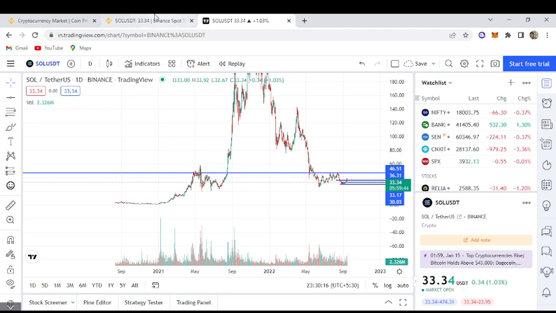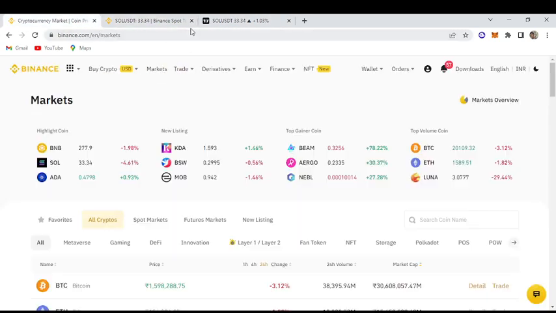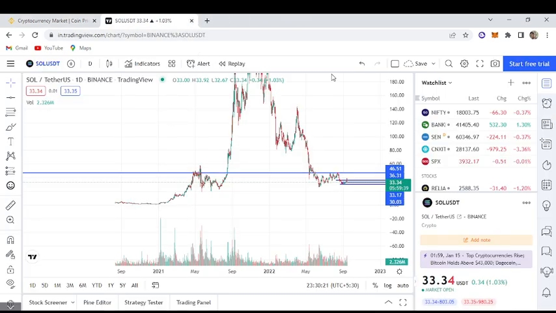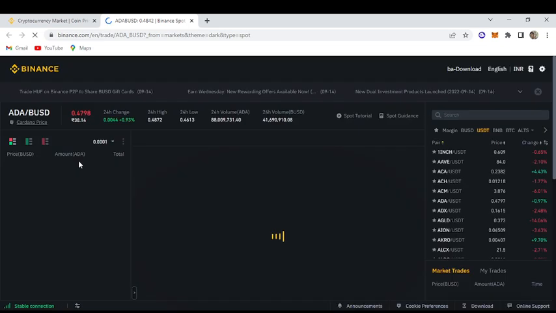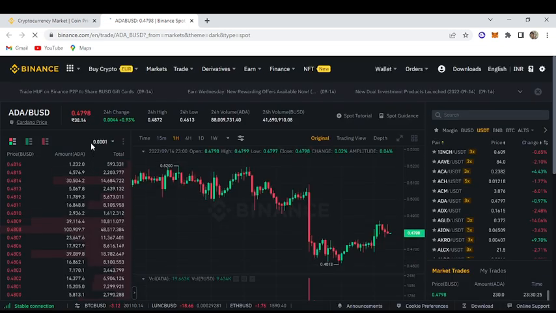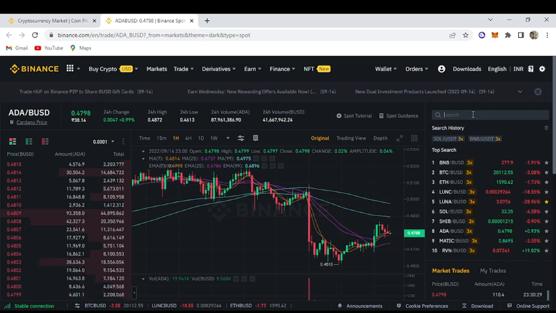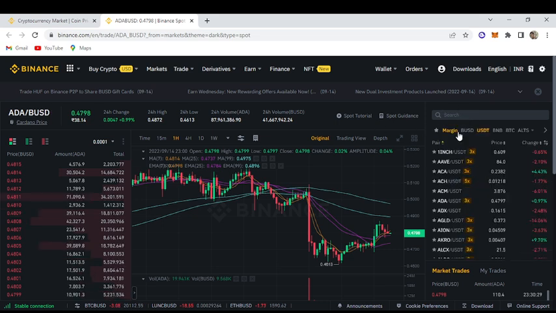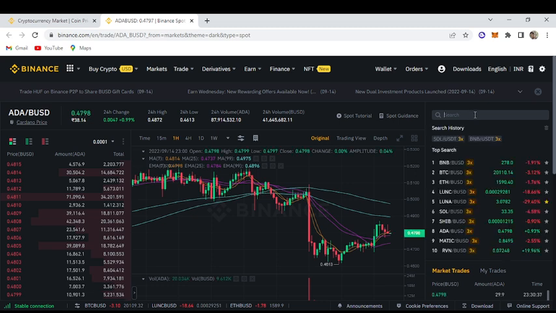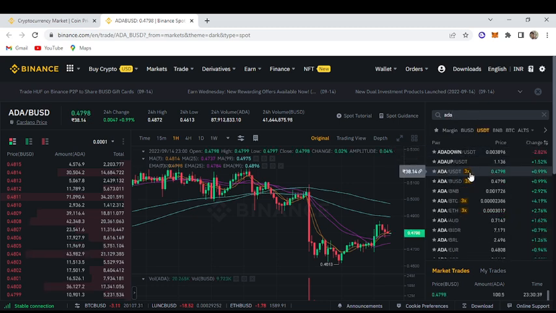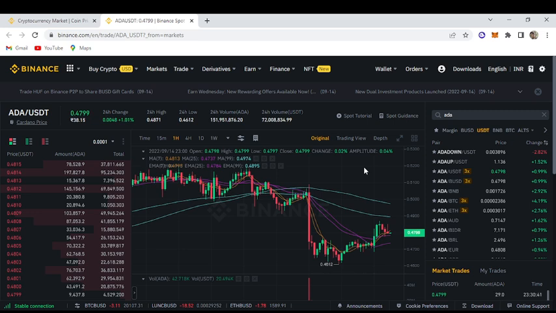After that, on the highlights we can see ADA, which is also known as Cardano, if I'm not wrong. Let's see, that's BUSD. No, I want USD. ADA USD. That's okay.